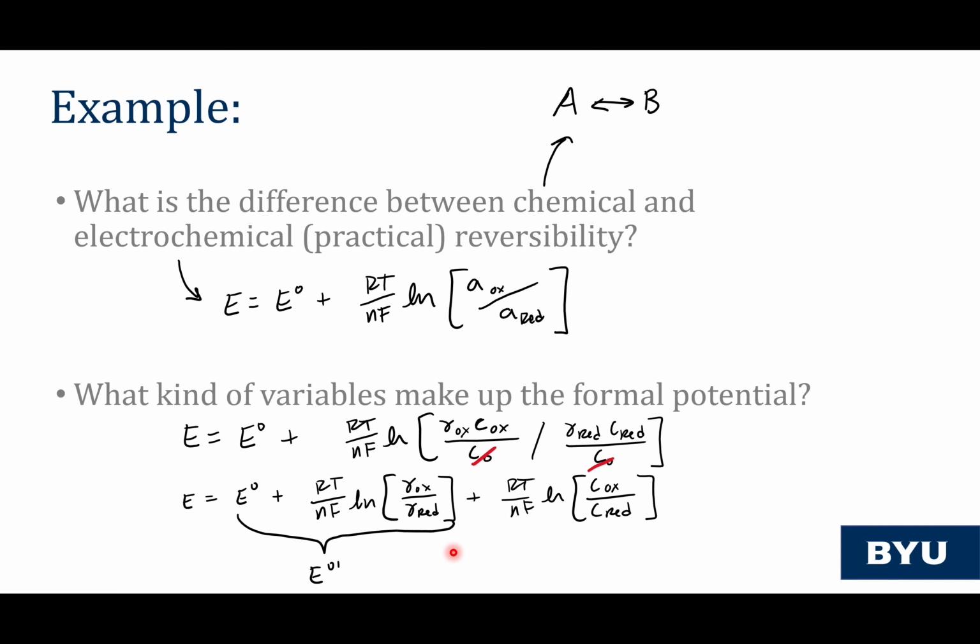And so, if you were using a tabulated value for your formal potential and you had reason to believe that you were working under a different temperature or with a different activity coefficient, then you would have to make some adjustments to your measurement in order to account for this.